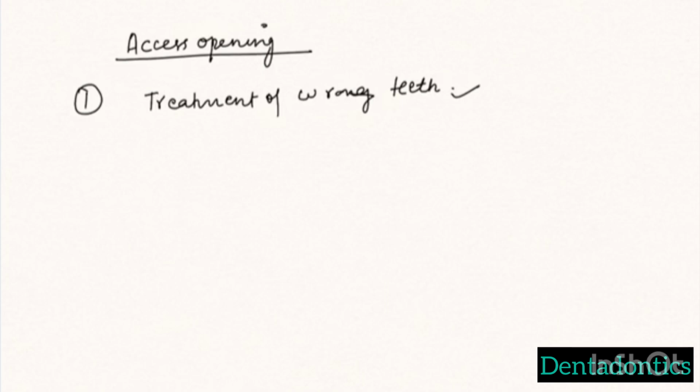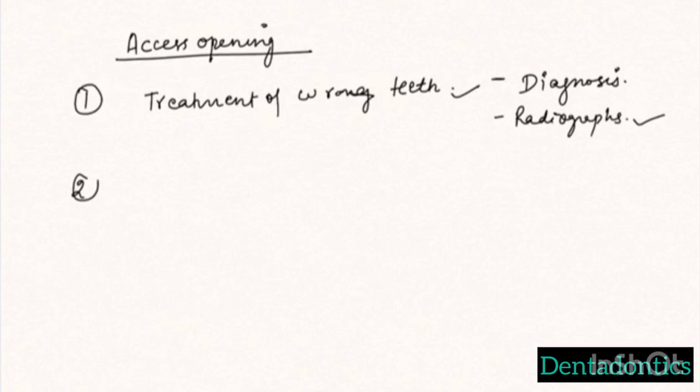How can you prevent it? The diagnosis should be proper and proper radiographs should be taken, and mark the tooth on the radiograph as well as on the rubber dam to prevent the emergency.